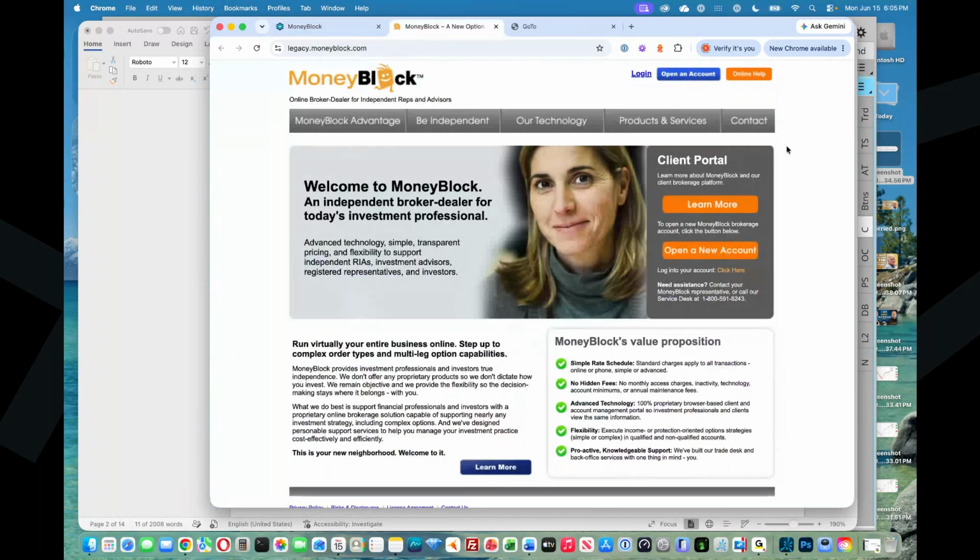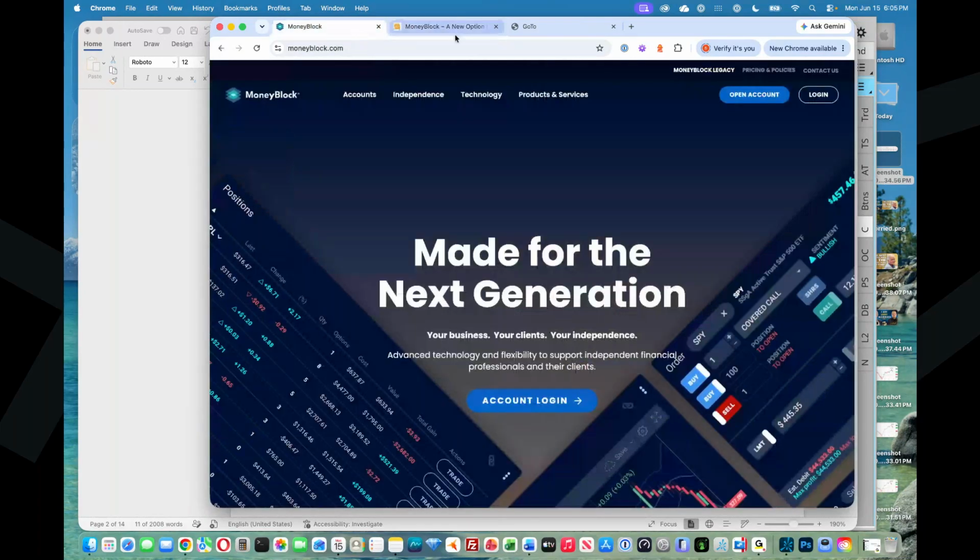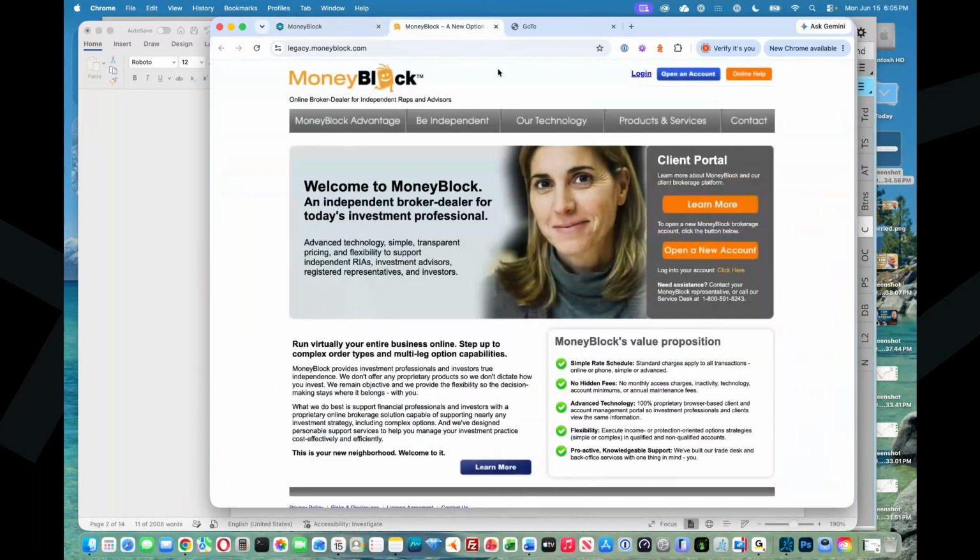Legacy is their old platform, and it's separate from the current platform on the blue screens. The blue screens have some cool things, and it's a little bit neater to get around. But if you ever have problems with the blue site, you can click on Money Block Legacy.